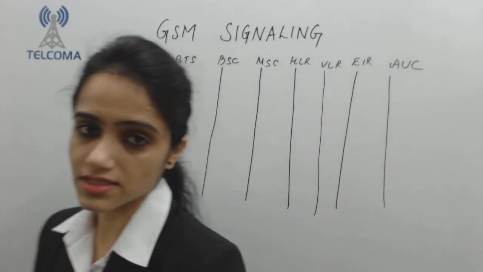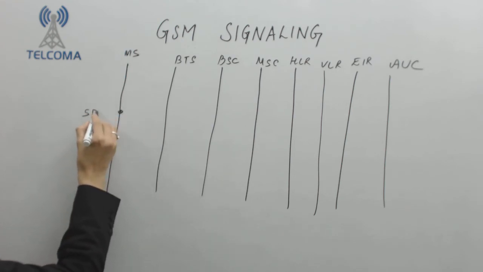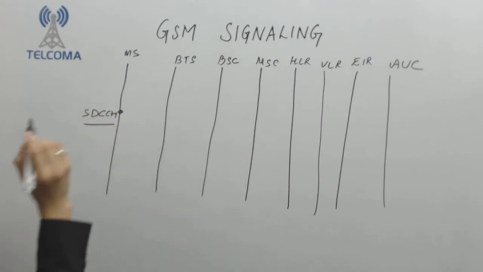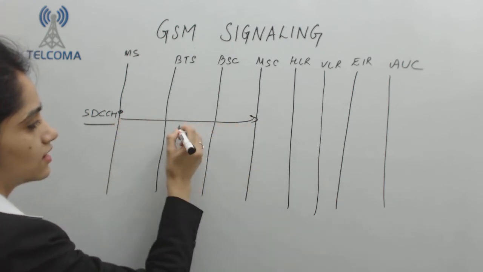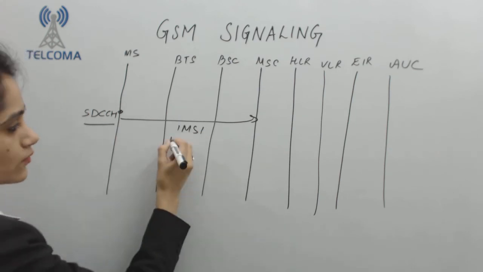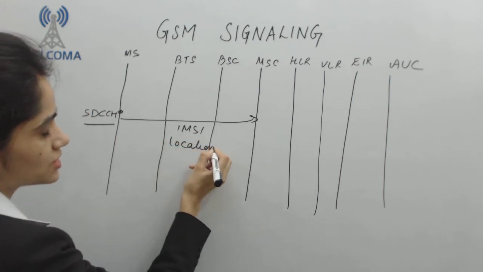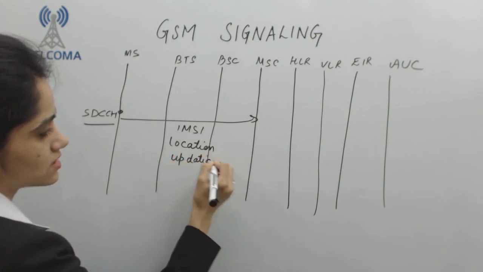That's why I require these databases to be attached. So I will get a channel and that channel is SDCCH. Now I will send the IMSI number from the SIM and I will request for location updation.